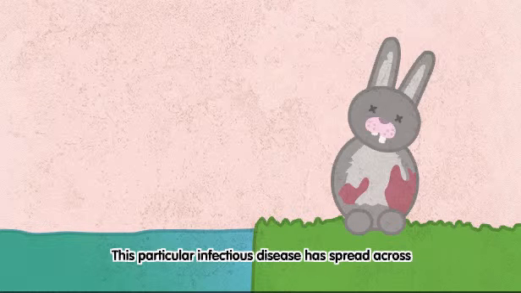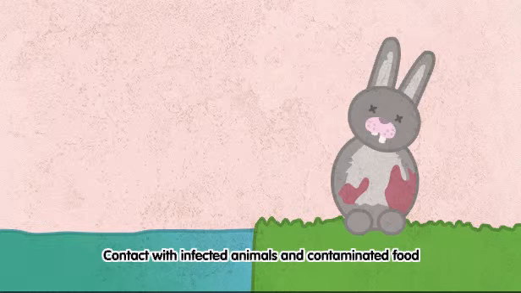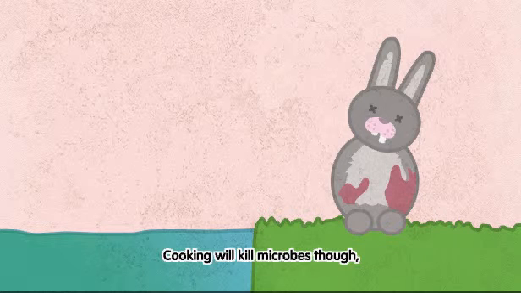This particular infectious disease has spread across the river and is already infecting the rabbits on the other side. Contact with infected animals and contaminated food can then spread disease further, even maybe to humans. Cooking will kill microbes though, so it's a good idea to prepare food carefully.